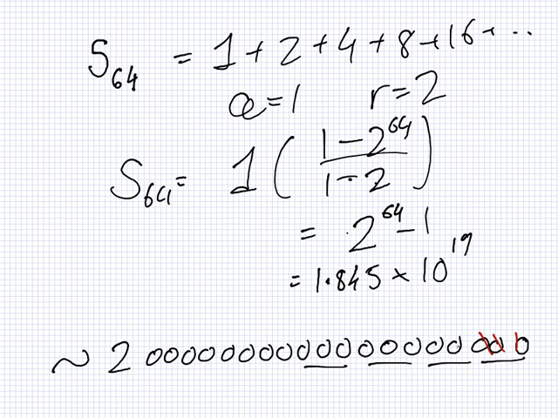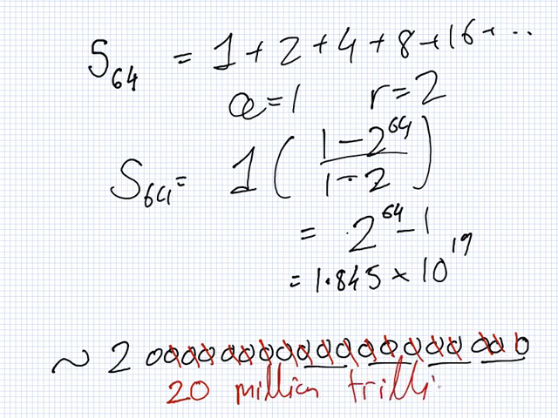That's 1,000. Is it billion, trillion? We'll get there. Million, billion, trillion, thousand trillion, million trillion, 20 million trillion. Yeah. Big number, big number.